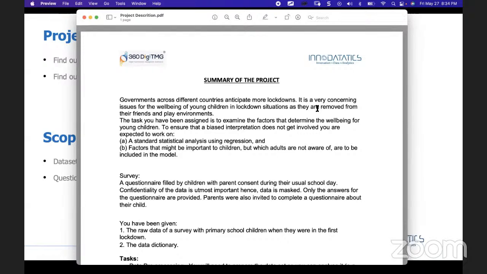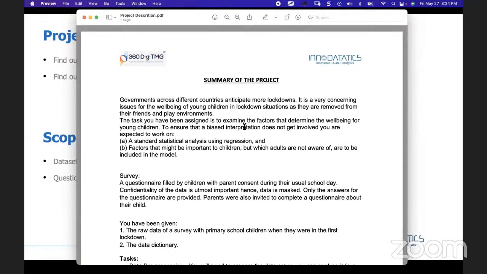A lot of organizations wanted to understand the well-being of primary school children during lockdowns, because they were not allowed to meet their friends. They were not allowed to play in the play areas, play environments. So what was the mental well-being?